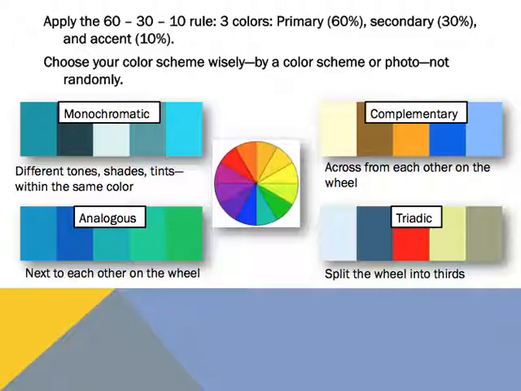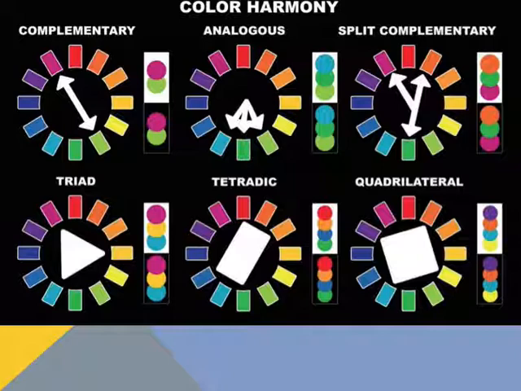Also, just look at the ways that you can use different color schemes and be sure that you use them effectively. So here we see the complementary, analogous, split complementary, triad, tetradic, and quadrilateral.